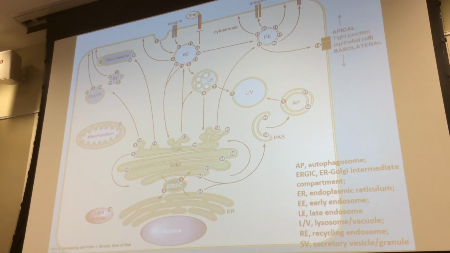So that's what these little circles with the numbers mean, these are all a small G protein. So think of them as the address label. So the address label says here, leave the endoplasmic reticulum and find your way over here to the Golgi. So the proteins are going to have little motifs on them that are going to be recognizing some kind of a receptor on the Golgi that can recognize them and bind that vesicle there.